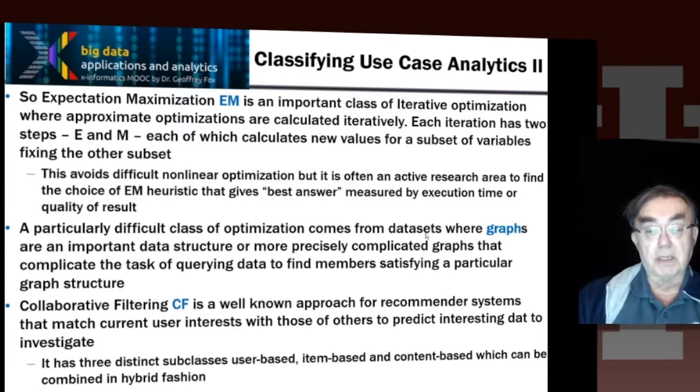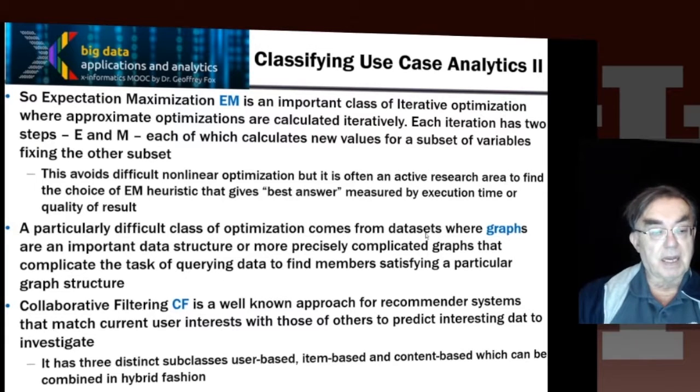I already pointed out that the graph classification is important because processing graphs is particularly tricky. A lot of the methods used for non-graph algorithms don't work very well because graphs are very irregular, with difficult to predict structure, and that makes the whole calculation much harder. Collaborative filtering is possibly one of the most important algorithms ever invented.